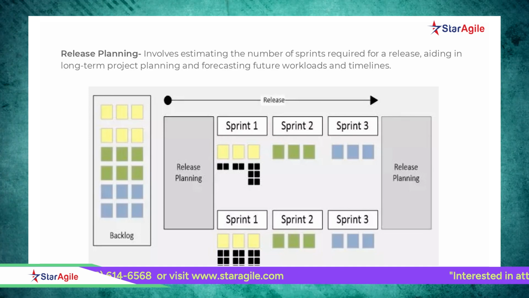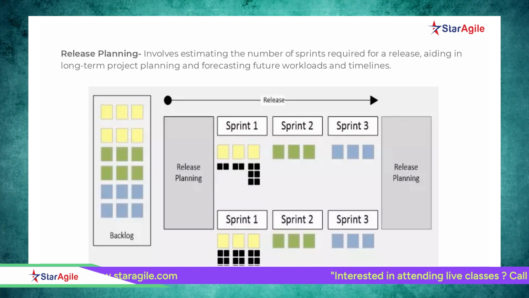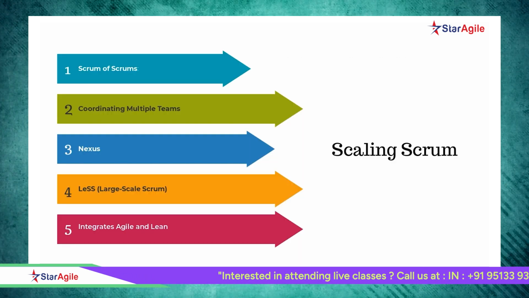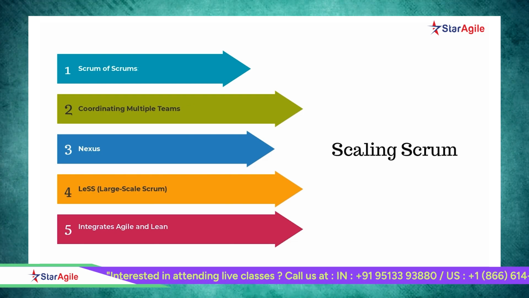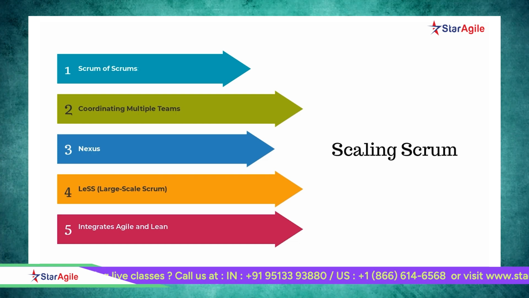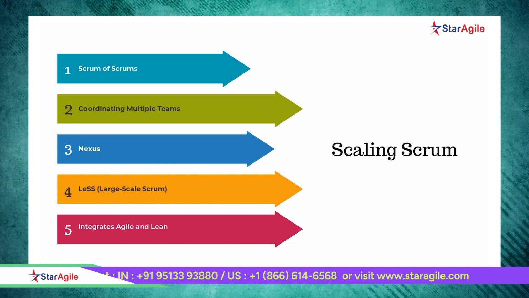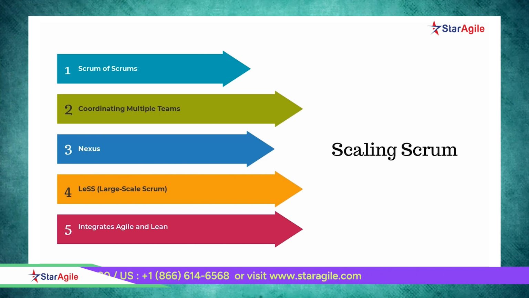Scaling Scrum involves extending the framework to coordinate multiple teams and larger projects. Scrum of Scrums is a method to connect multiple Scrum teams working on the same project, ensuring alignment and integration. Nexus is a framework that guides multiple Scrum teams on how to work together to deliver integrated solutions.